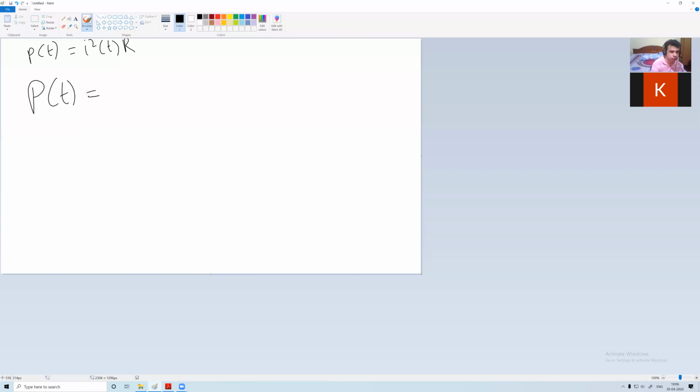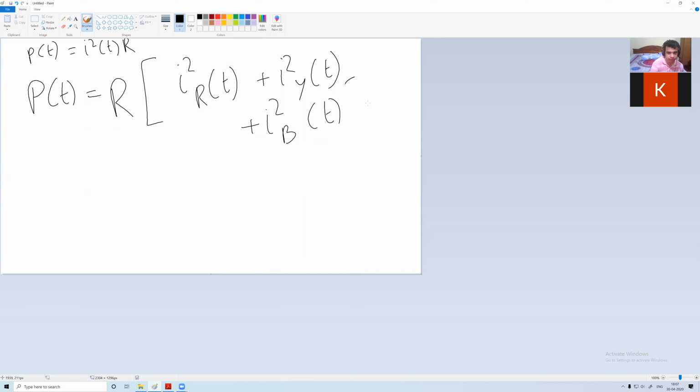P(t) equal to, let us say R is the same, i_R square(t) R plus i_Y square(t) R plus i_B square(t) R, okay?